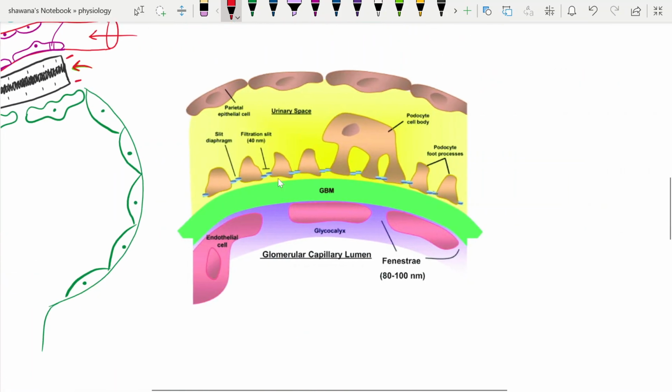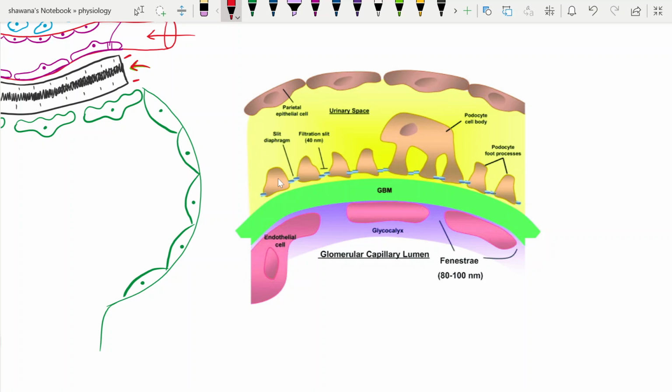Okay, this is also a diagram in which you can appreciate that this is the lumen of the capillary. These are the endothelial cells of the glomerular capillary. In between the endothelial cells there are fenestrations of about 70 to 100 nanometers.